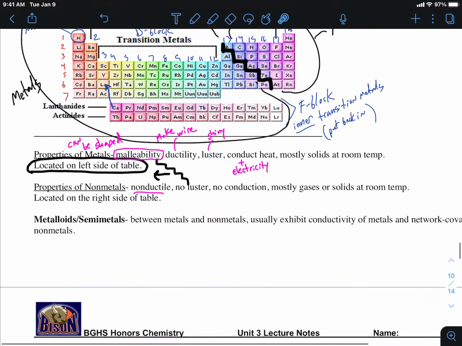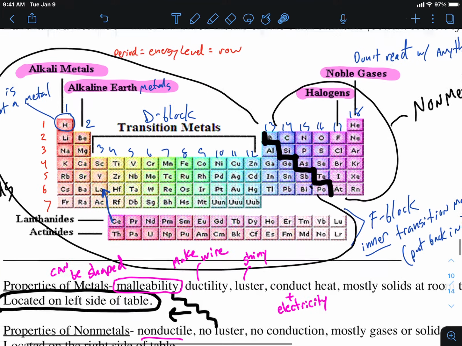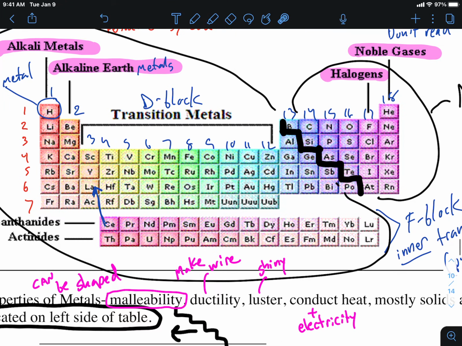So what that means is you can predict very quickly and easily the valence electrons simply by looking at the periodic table. If it's in the first column, these guys are all going to be S1s, which means they have 1 valence electron. If they're in the second column, they're all going to be S2s, which means they have 2 valence electrons.